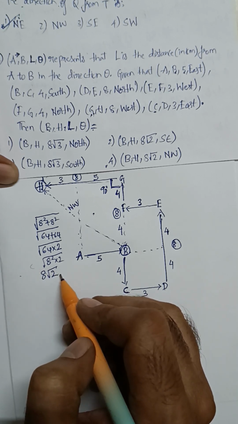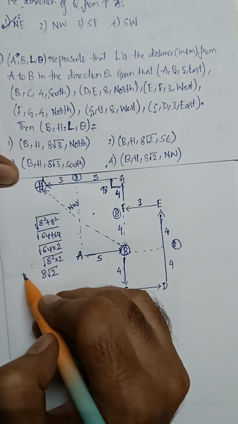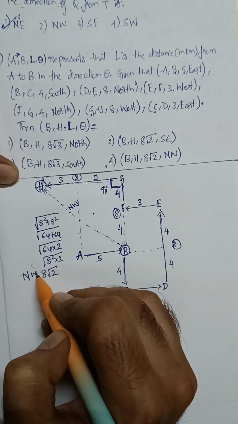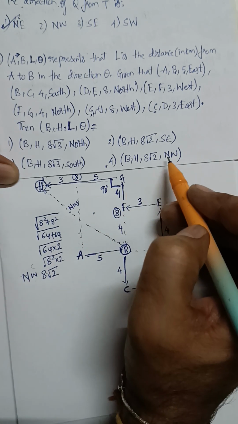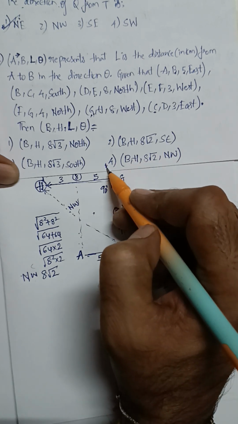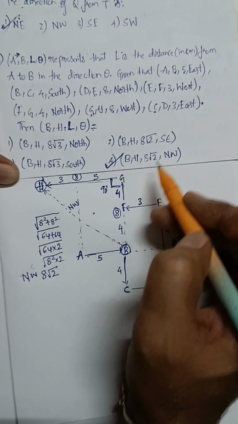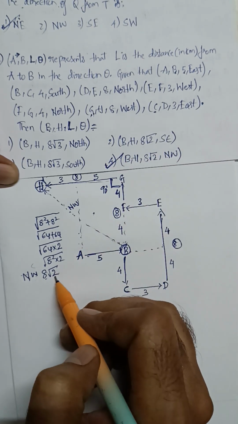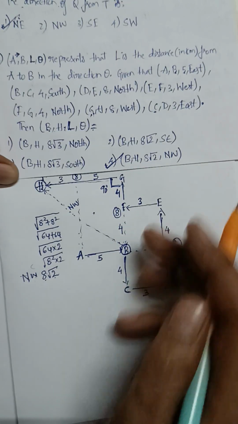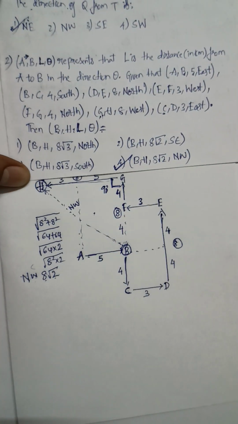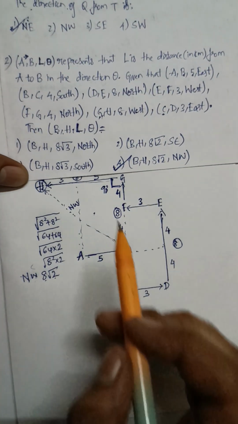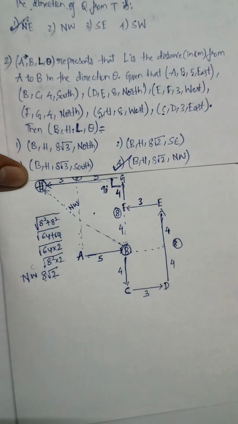So the answer is northwest 8 root 2. That is the fourth option. This is the question related to directions that we have discussed.